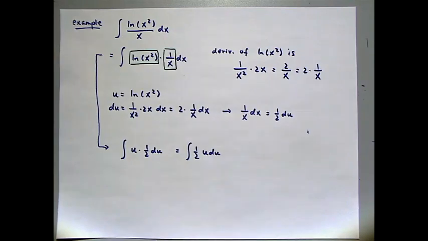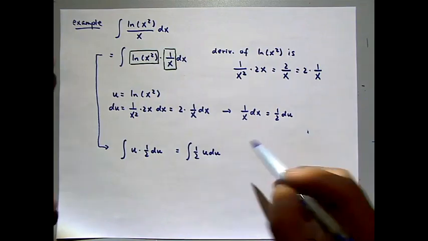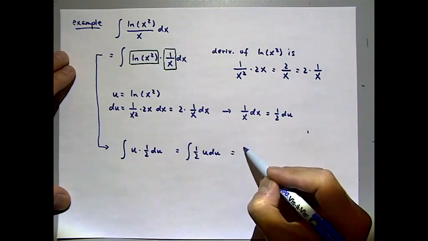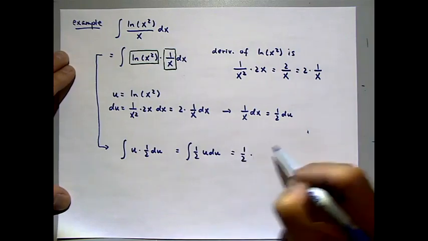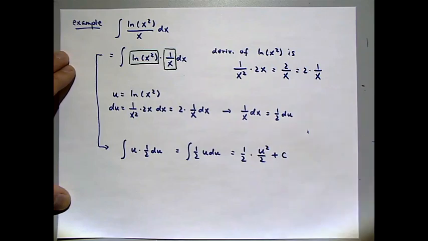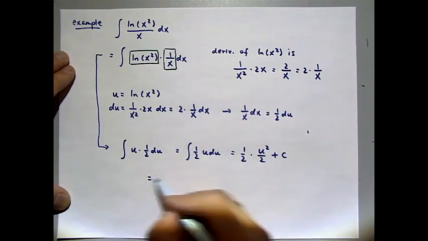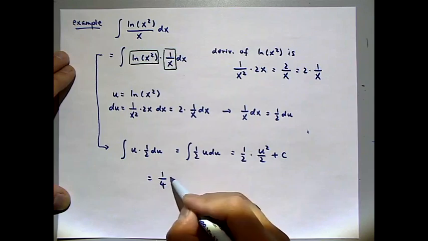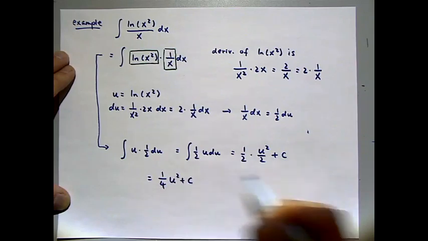And all of a sudden, that integral involving natural log and all that stuff turns into just a simple one, 1/2 u du, which is 1/2 times u squared over 2 plus a constant, or 1 over 4 u squared plus a constant.